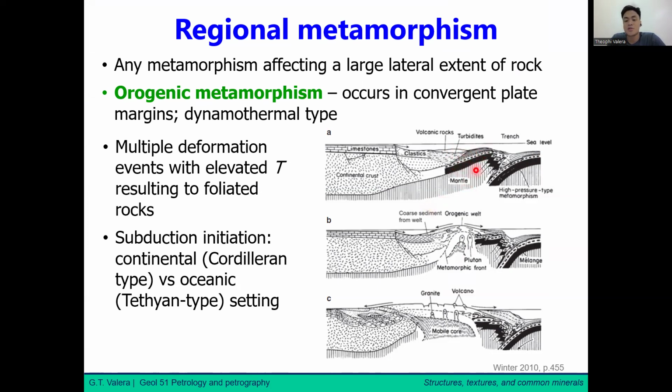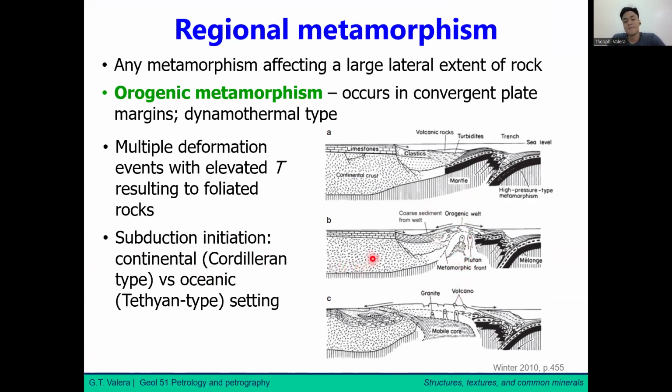So basically, what you have is an area of elevated temperature and an area of elevated pressure. So this complex process results to multiple deformation events with elevated temperatures, specifically at the back, resulting to highly foliated rocks with sometimes overprinting by contact metamorphism, both in the shallow level or in the even deeper level.